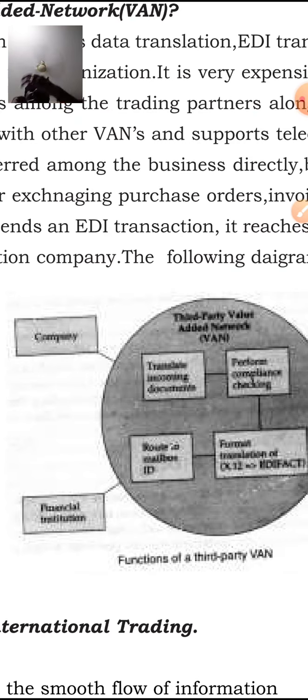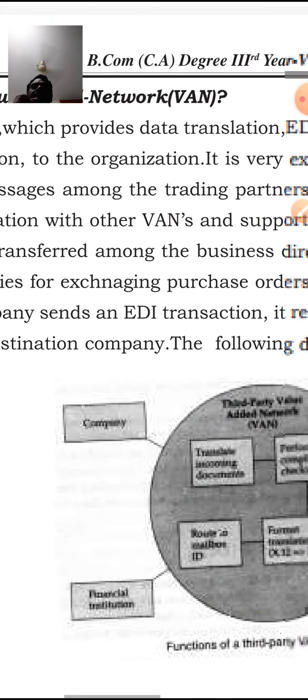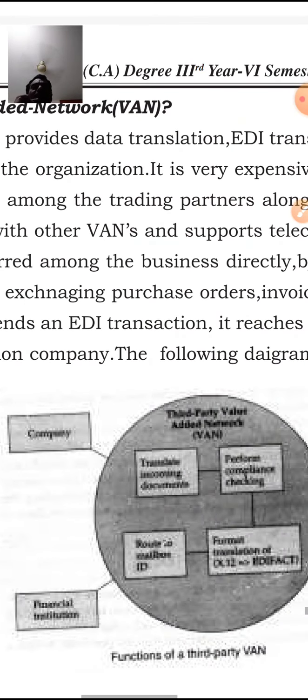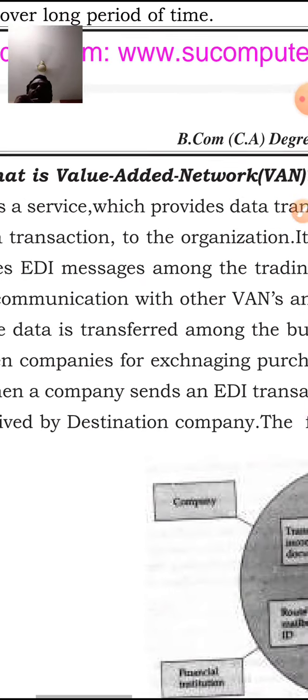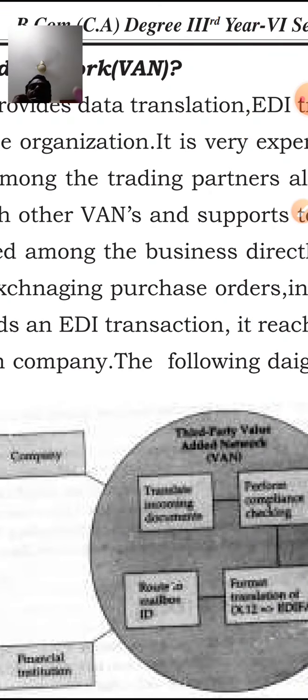All these companies are connected through the third party, that is the VAN, and with its help the information is interchanged. It provides the main data transactions and translations between the different companies through the VAN. That's why the value added network is very helpful for big organizations as well as small business organizations doing online business in the market.